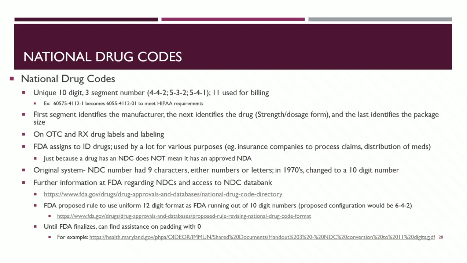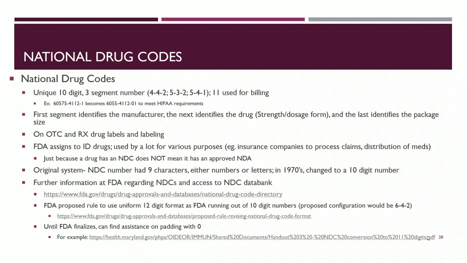But an important thing: just because a drug has an FDA assigned NDC number does not mean it's an approved drug in terms of an NDA. It hasn't gone through the approval process. You may think that, but that's not always the case. There are some non-approved drugs out there for a variety of reasons.